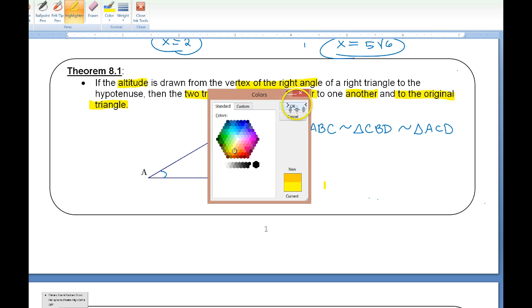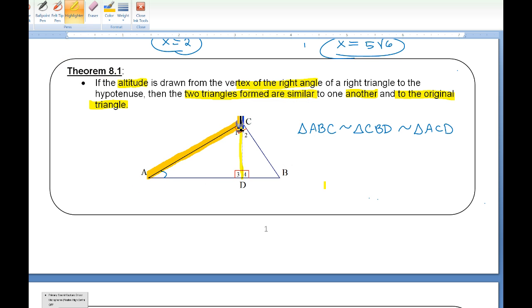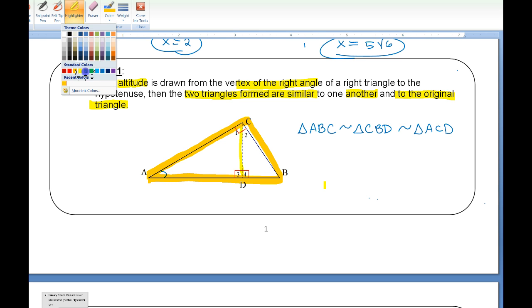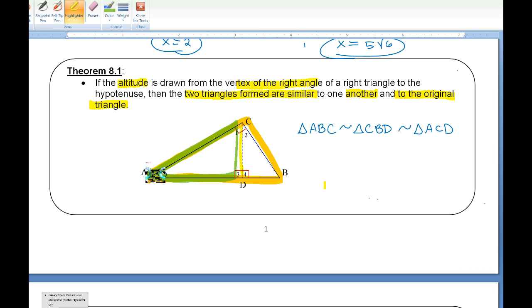Let's just pick a different color. So here's your big triangle ABC, and here's this one. What ends up happening is they share this angle, angle A, okay? And they also have a right angle. Here's one right angle, here's another right angle. By angle-angle similarity, we know that they're similar.